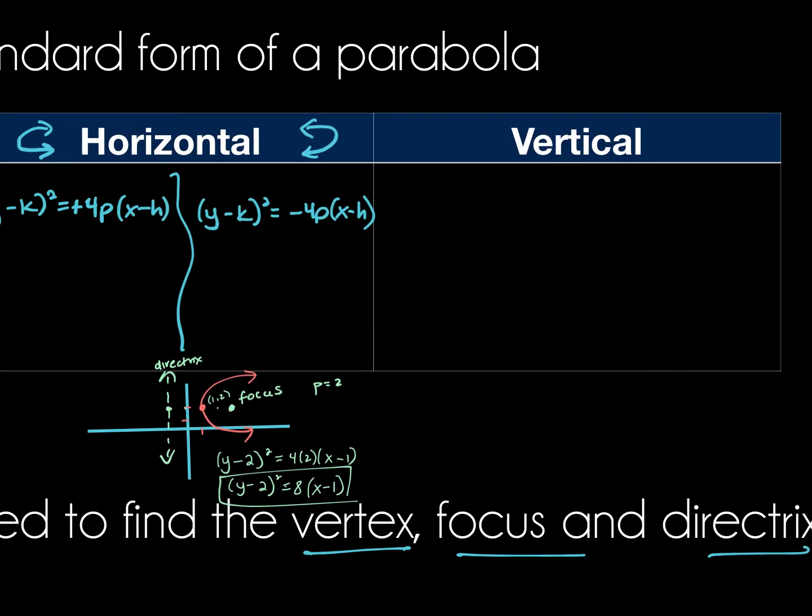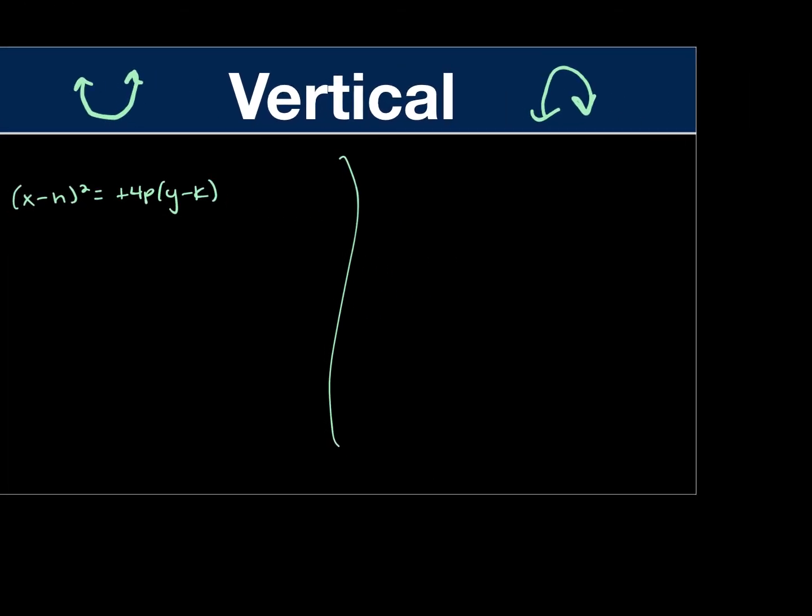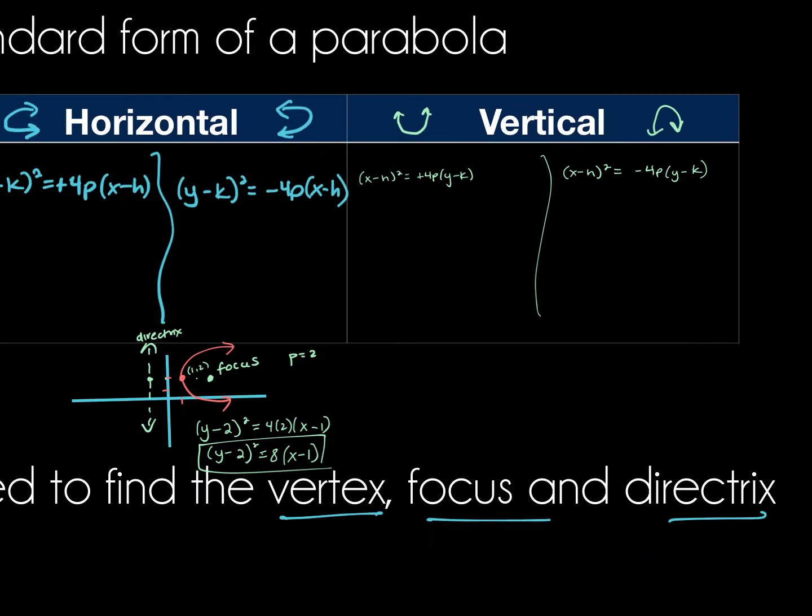If it's vertical, it either opens upward or downward. If it's upward, then this is (x minus h) squared equals a positive 4p(y minus k). And if it was vertical and pointing down, it's (x minus h) squared equals negative 4p(y minus k). And the same rules apply.